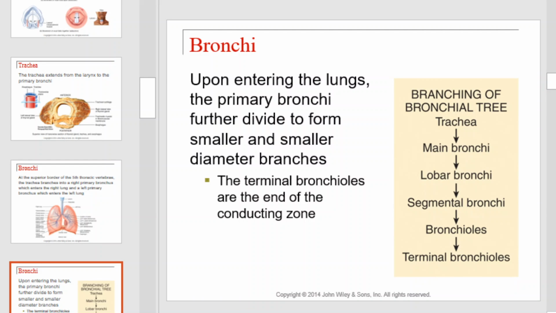Upon entering the lungs, the primary bronchi further divide to form smaller and smaller diameter branches. The terminal bronchioles are the end of the conducting zone. On the right, we have the branching of the bronchial tree, starting with the trachea, then main bronchi, lobar bronchi, segmental bronchi, bronchioles, and the terminal bronchioles.